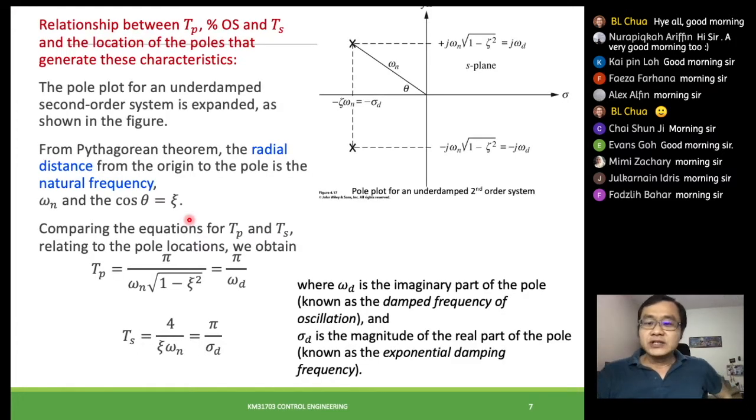Next, this is more important for the later design stage: how the peak time, the overshoot percent, and the settling time change, or are related to, the locations of the pole positions.